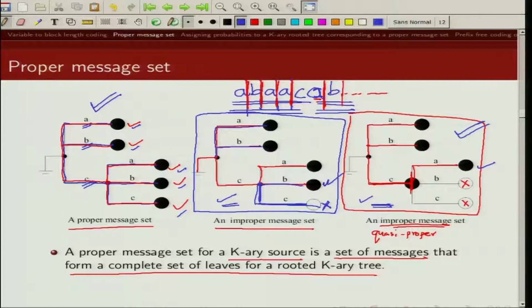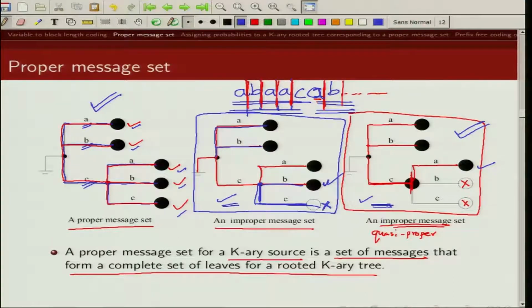What is the difference between this proper message set and this quasi proper message set? Both the proper message set and the quasi proper message set can parse all possible input sequences. We have seen that if you give a ternary input sequence, it can parse it. What is the difference?